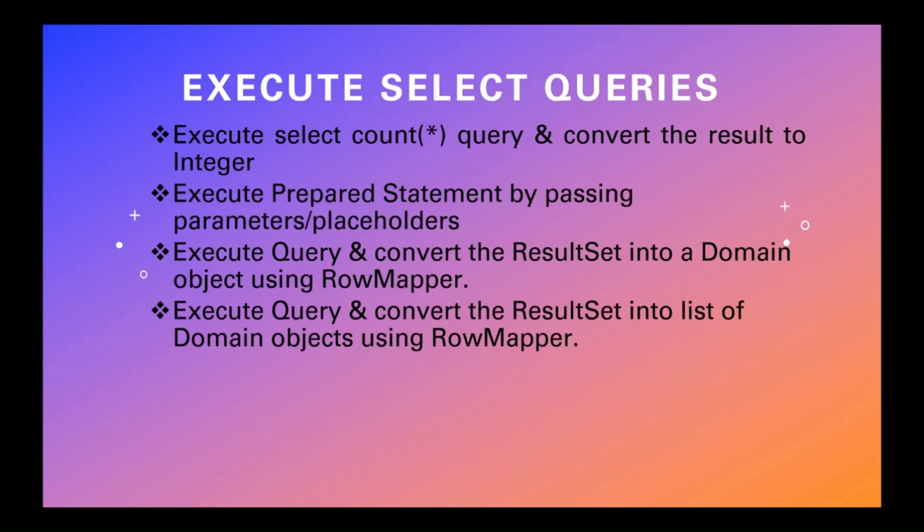I'll show how to execute a simple select count star query and convert the result into an integer, and then we'll see how to execute a prepared statement by passing parameters or placeholders, and then we execute the query and convert the result set into a domain object using a row mapper, and at last we execute the query and convert the result set into a list of domain objects using a row mapper.